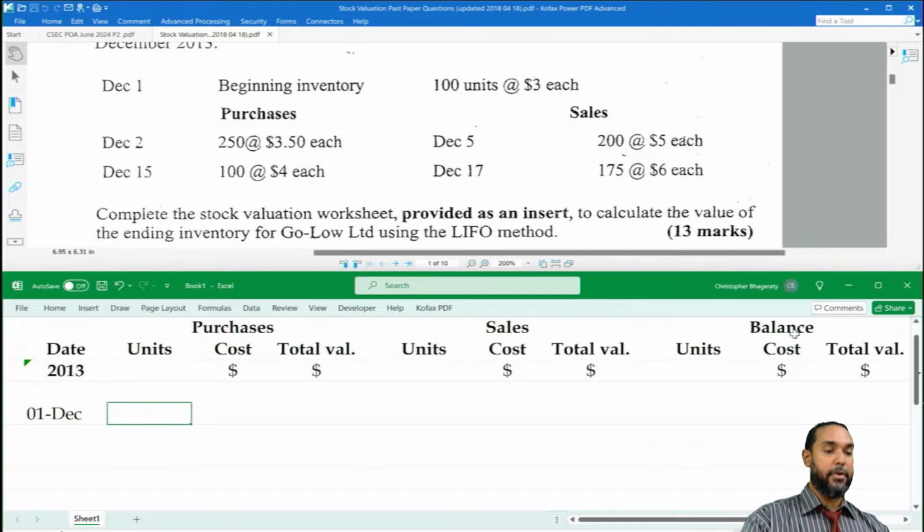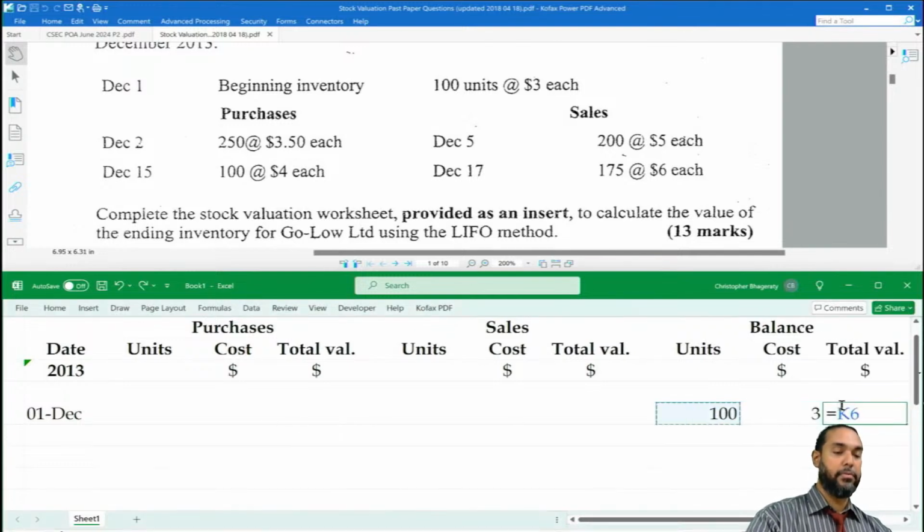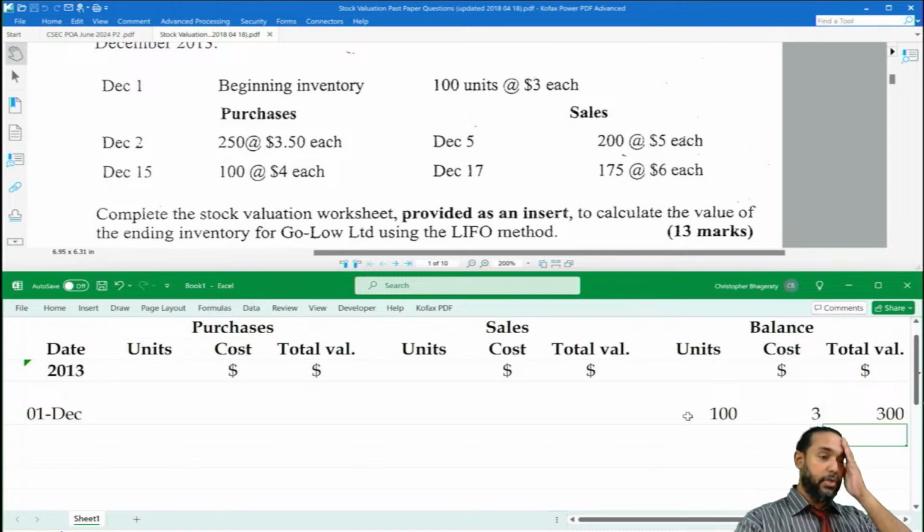So you're just gonna record across in this column where it says balance, 100 on the units. And then at 3. Right, so your opening stock is valued at 300.